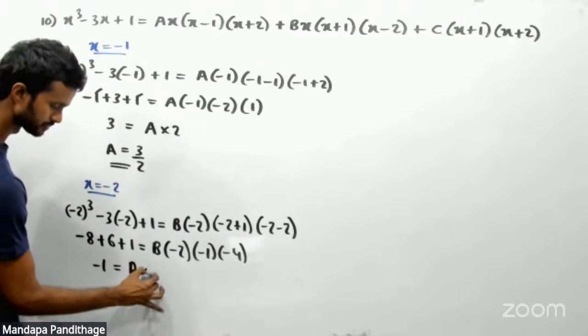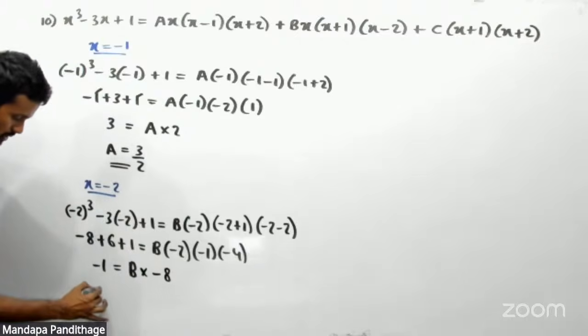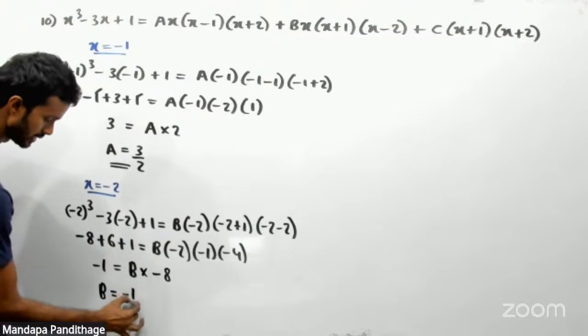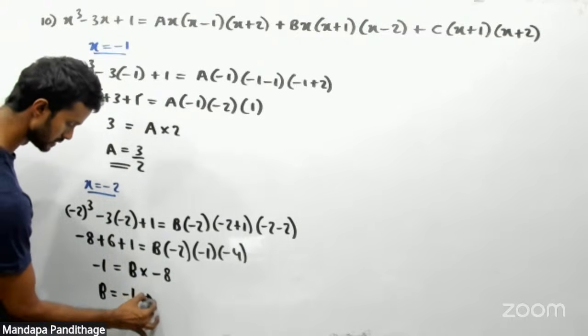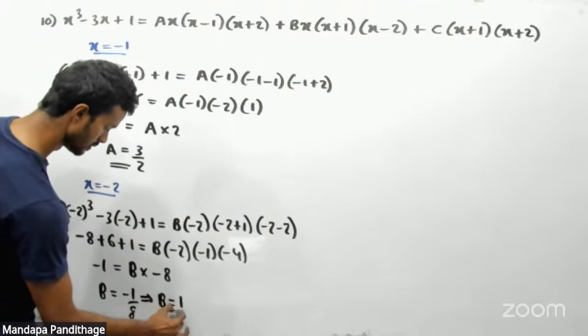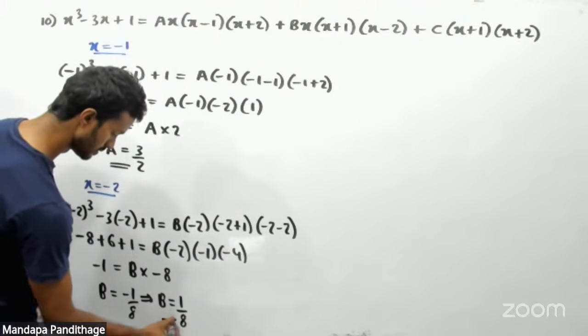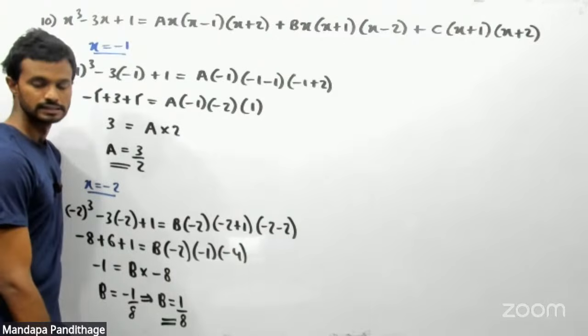Minus 8, that's all. Clear? So b is equal to minus 1 over minus 8, which is b equals 1 over 8. Clear? b equals 1 over 8.